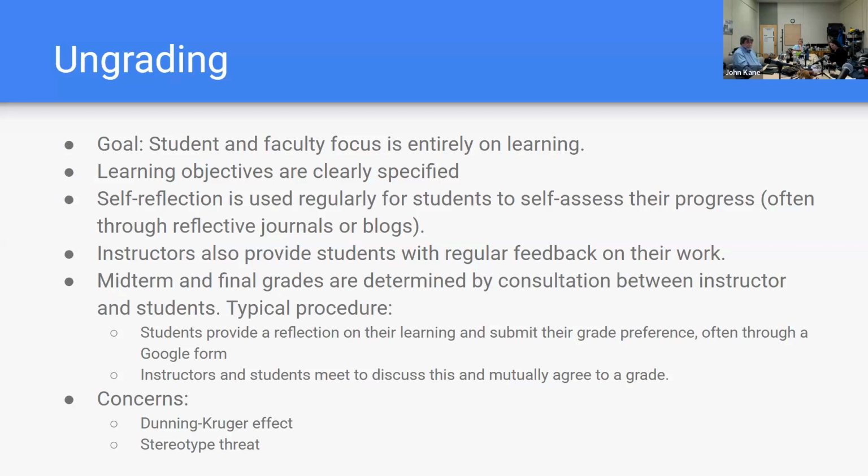But if a task is one where we want them to do something on their own without that, we can build it in. And as long as they know they're just going to be getting feedback and they're going to be evaluated based on their progress in learning the material, and their own reflections on that, it really takes away a lot of the incentives to engage in academic integrity violations.